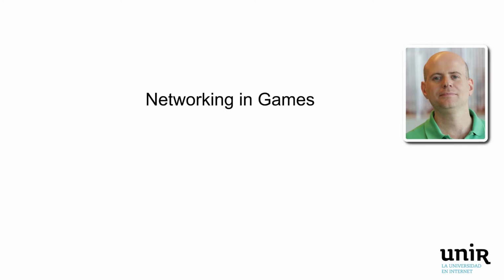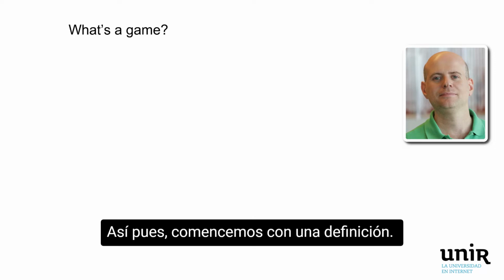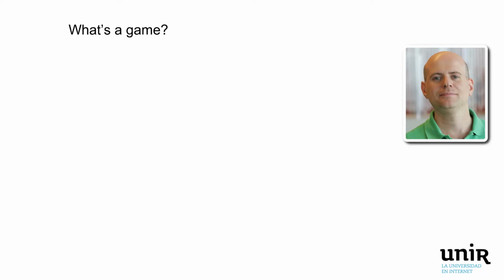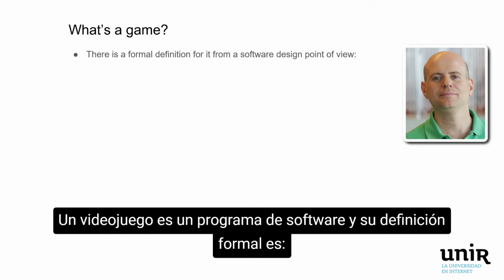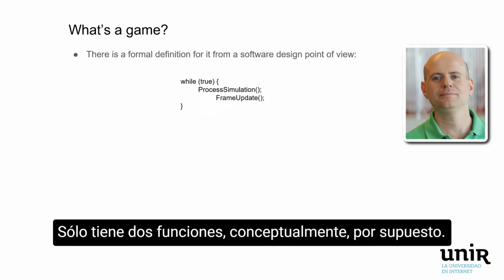Okay. So without further ado, let's talk a little bit about how online games work. So let's start with a definition. What is a game? A game is a piece of software, and it does have a formal definition. And this formal definition is this. It's a while true loop, so it's a permanent loop that runs forever.